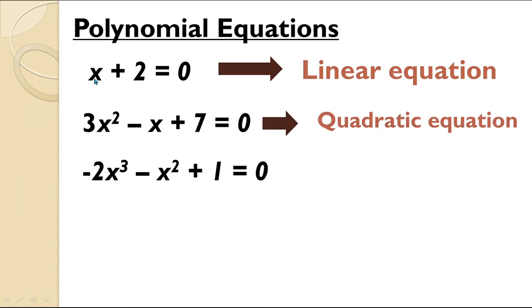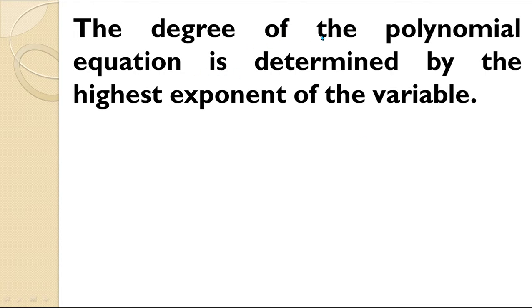So yung una, linear, the highest degree is 1. And yung pangalawa, quadratic, dahil yung kanyang highest degree is 2. And the third one, we call it cubic equation, dahil yung highest degree is 3. Kaya cubic equation.